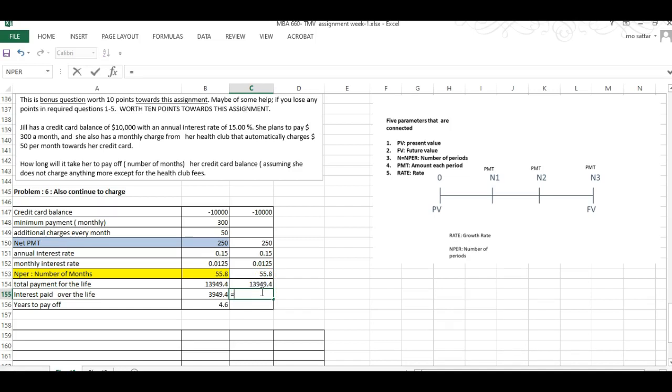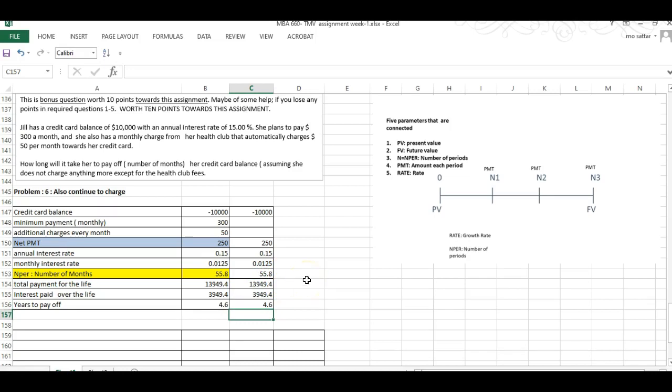If she's paying this much and she borrowed this much, then the amount she pays over the amount she owes is $3,949. That's the interest. And if I want to do this in number of years, all I do is take the number of months and divide it by 12, and you get 4.66. So you can see how quickly it can change.